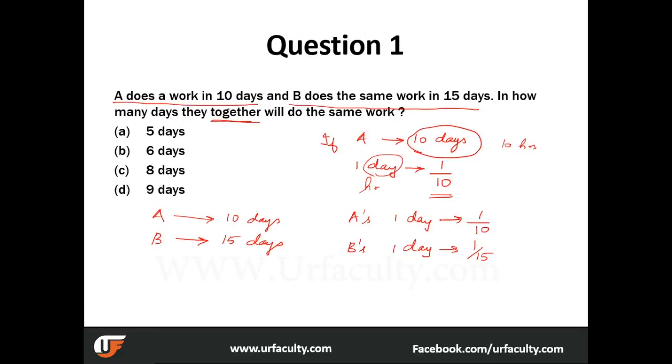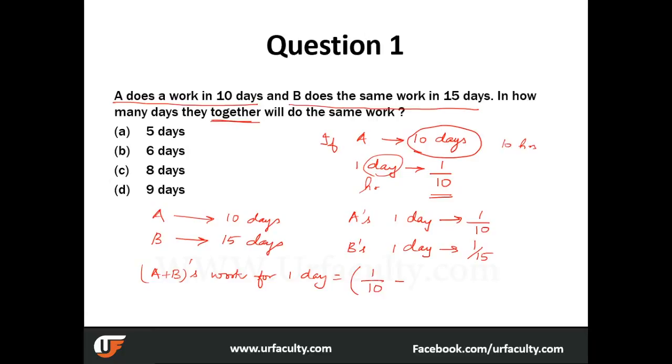So if they both work together for a day, how much will they complete? A plus B's work for one day. Very simple. You need to just sum up these two values.